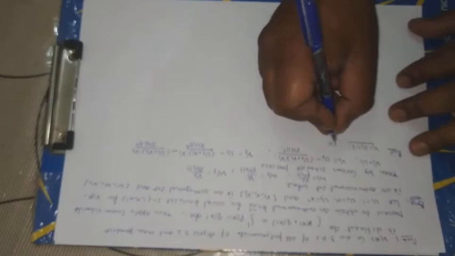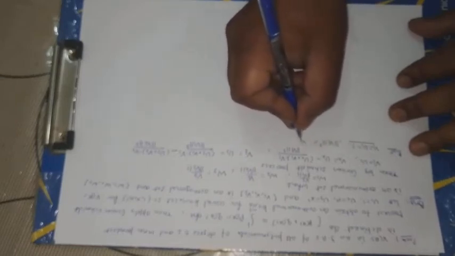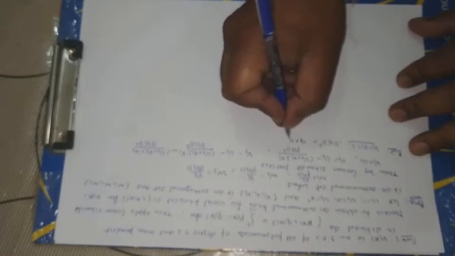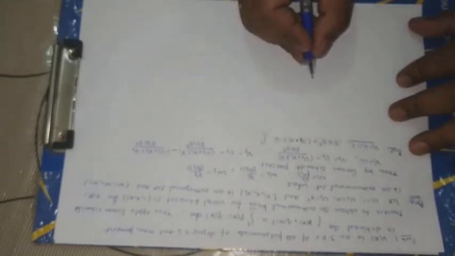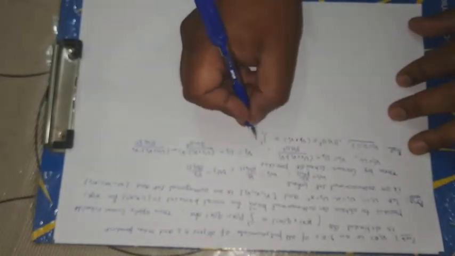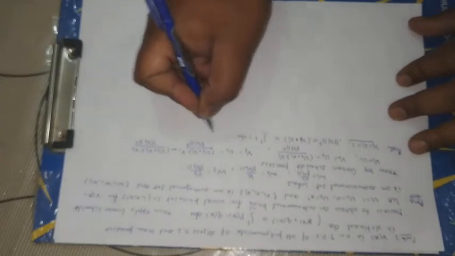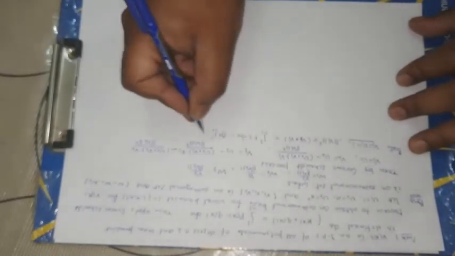Now v1 norm square is equal to v1 inner product with v1, which can be written as the integral from -1 to +1 of 1 into 1 dx, this is equal to x with limits -1 to +1. The value of v1 norm square is equal to 2.